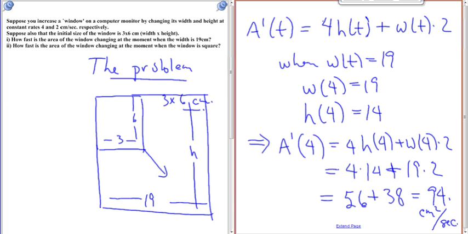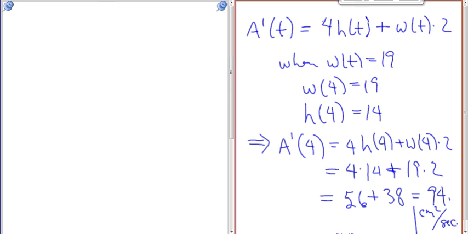Remember the area, that's the units for area, rate of area, centimeters squared per second.